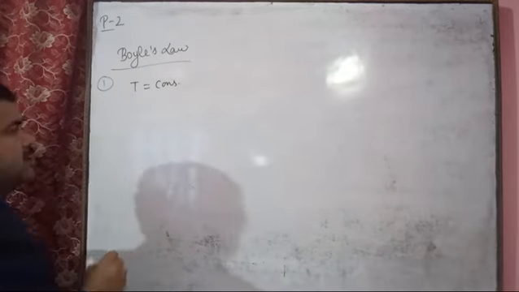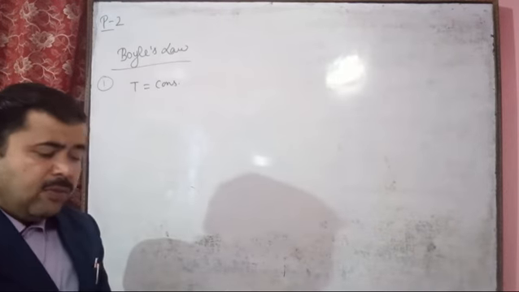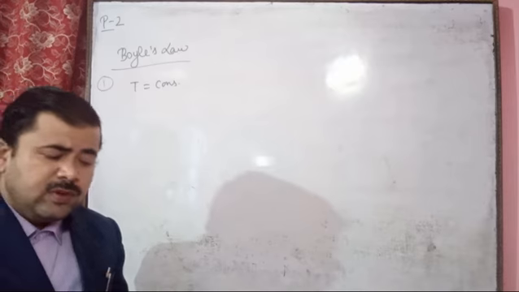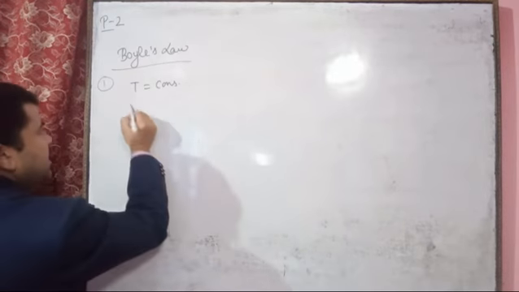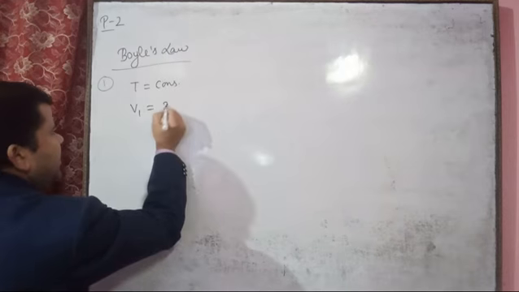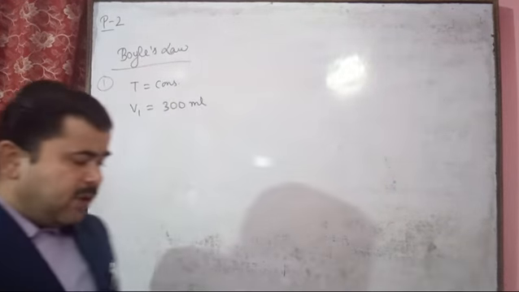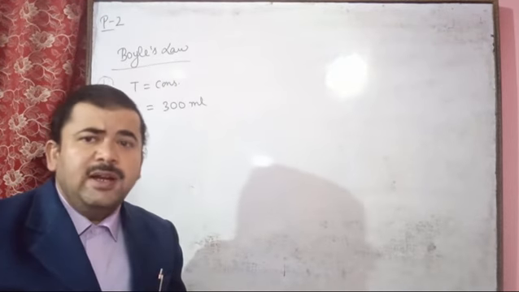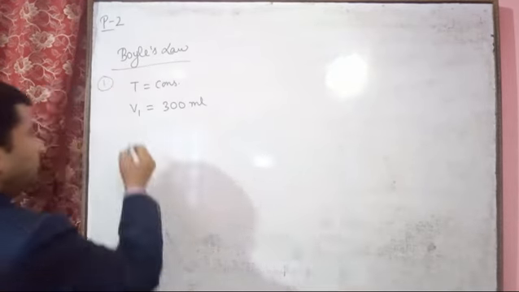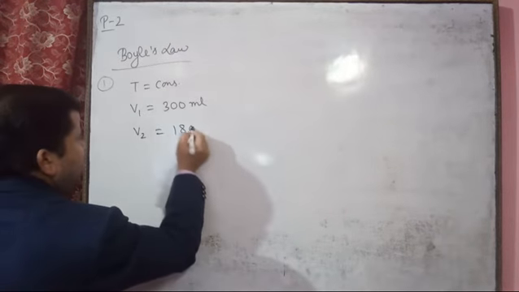Second, from an initial volume of 300 ml, so initial volume we consider V1, 300 ml. Next, a final volume of 1800 ml, so final volume we write V2, 1800 ml.